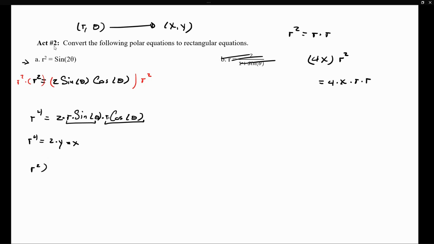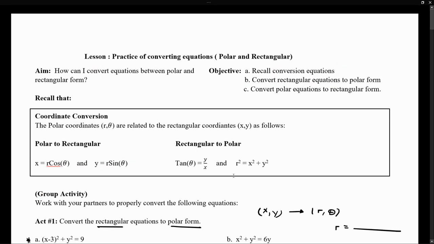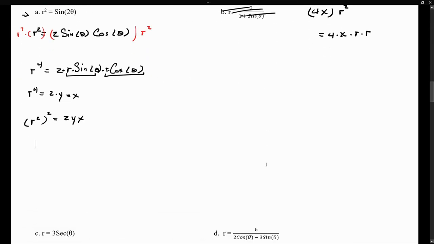Well, recall that r to the fourth is r squared, squared, where we do have an expression for r squared. Because recall that r squared is x squared plus y squared. So therefore, this expression right here is equivalent to x squared plus y squared, all squared, because r squared is equivalent to this expression, equal to 2yx.